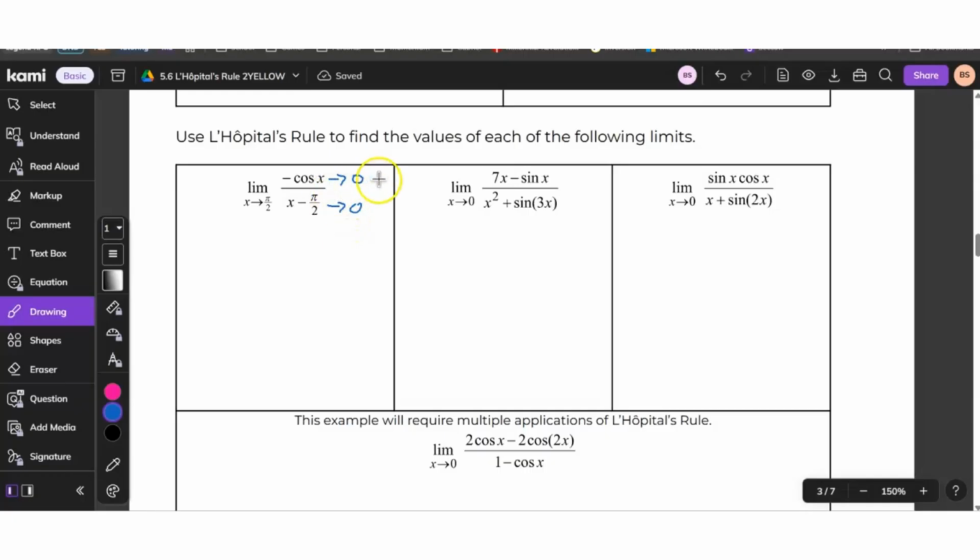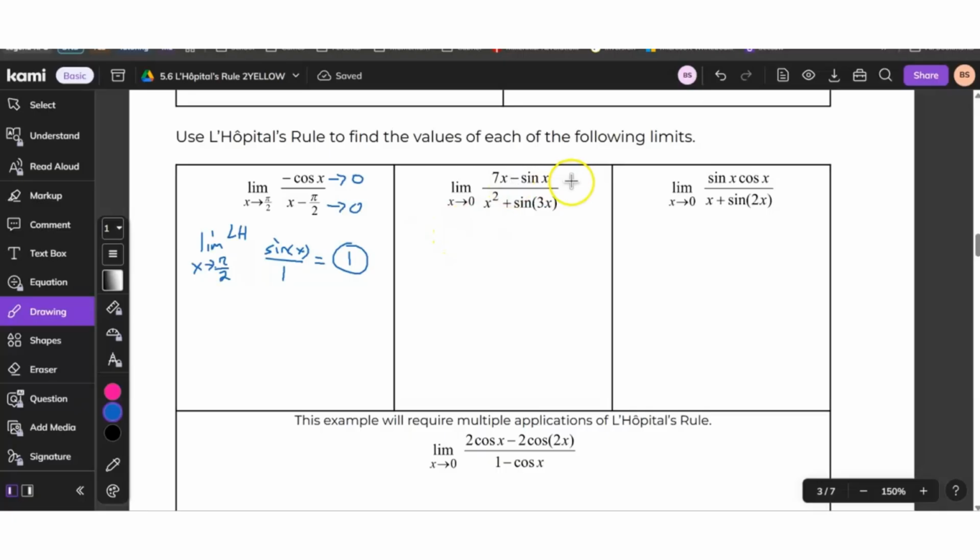If I write equals 0 over 0, that's wrong, because it doesn't equal 0. It equals indeterminate. I plugged it in. Now I can do the limit as x approaches pi over 2, L'Hopital. And I will get sine of x over 1. And sine of pi over 2 is 1.